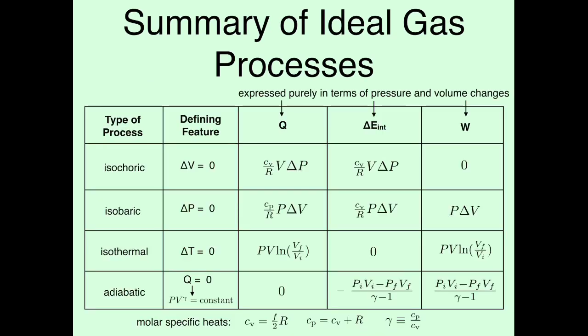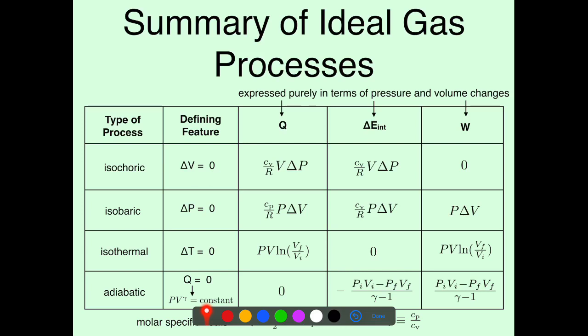I'm not even going to attempt to read all of this out for you, but let me just tell you what's in the table. We have different processes. We have isochoric, isobaric, isothermal, and adiabatic. For each one of these, I tell you what the defining feature is. For example, isochoric means no volume change, delta V is 0.